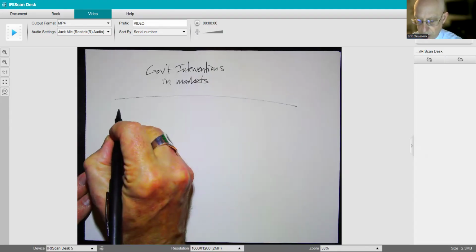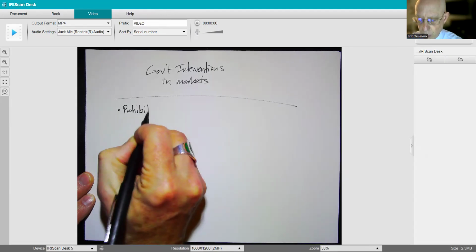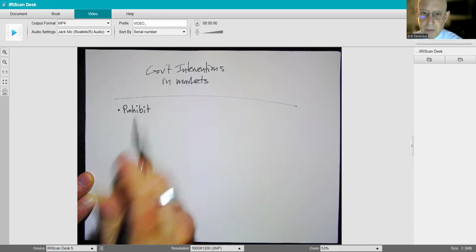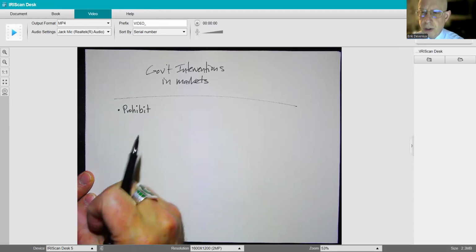The first thing governments can do is simply prohibit some type of economic activity altogether and say, even if a market wants to supply a product or a service to the consumer, this is absolutely prohibited. There are many prohibitions you may be familiar with.